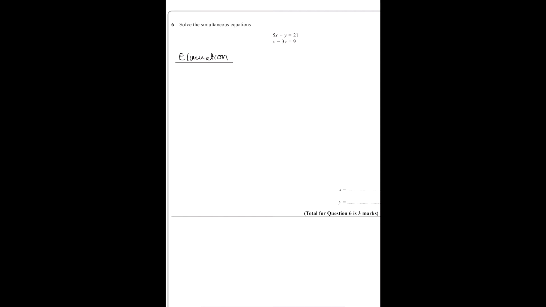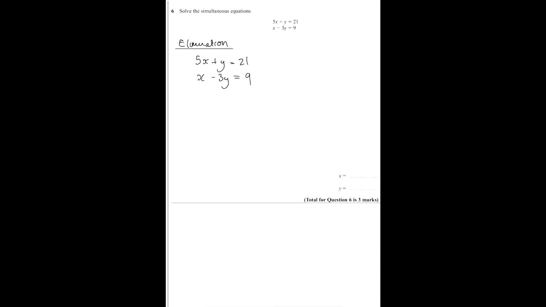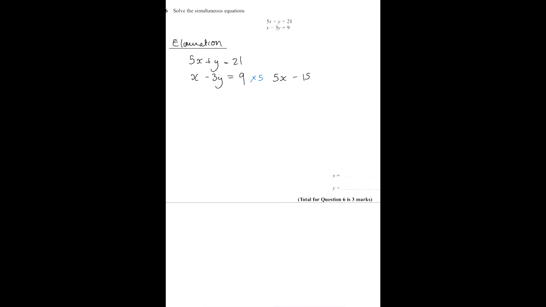So if we solve this via elimination, we write down the first equation, we write down the second, and then what we'll do is we'll make the x value the same, so we'll times this whole equation by 5, which would give us 5x minus 15y equals 45.